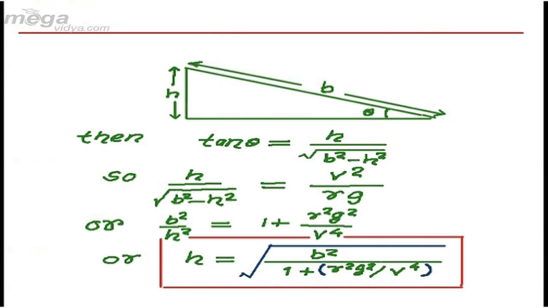By this equation, the height of the outer edge with respect to the inner edge can be calculated, that for a particular speed, what must be the height of the outer edge with respect to the inner edge. I think you got what I wanted to show you by this analysis.